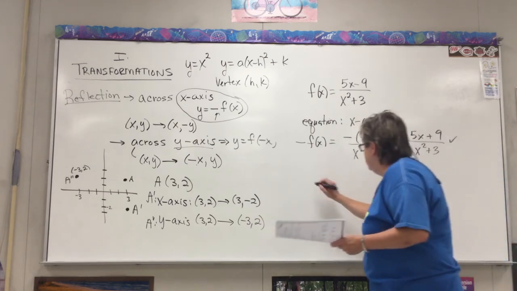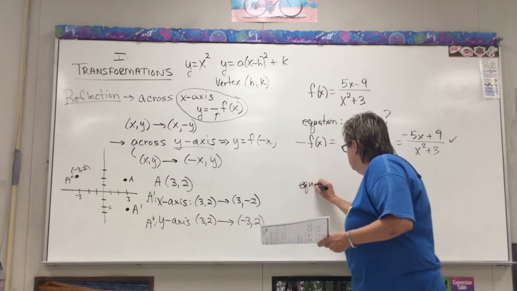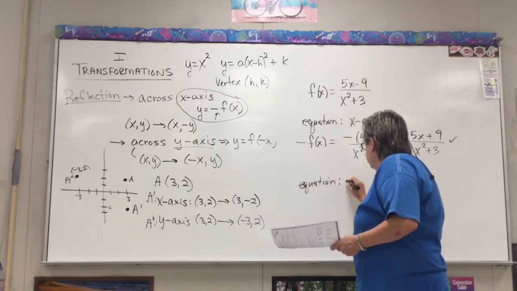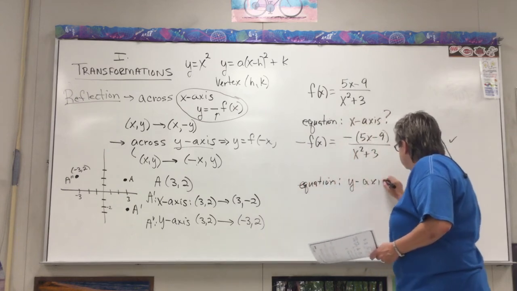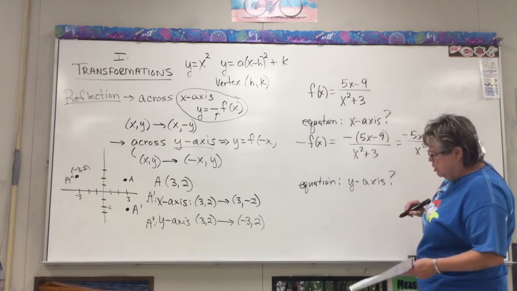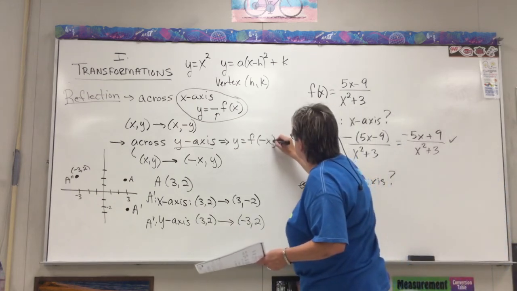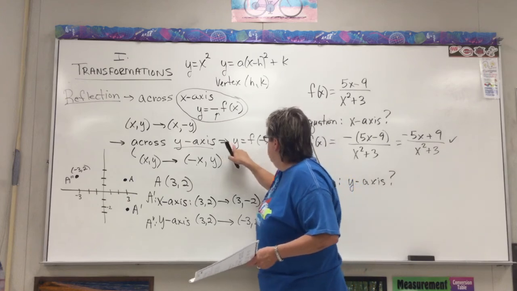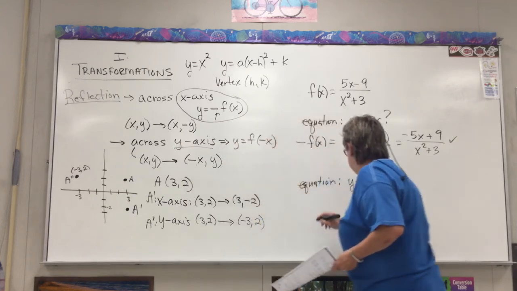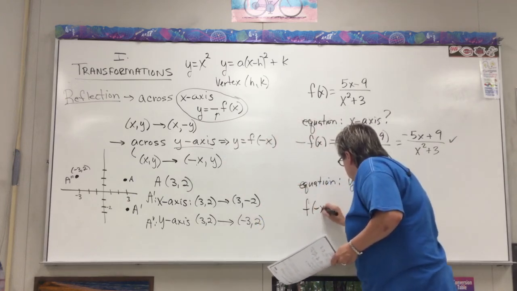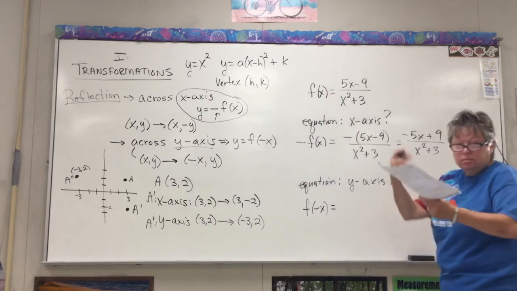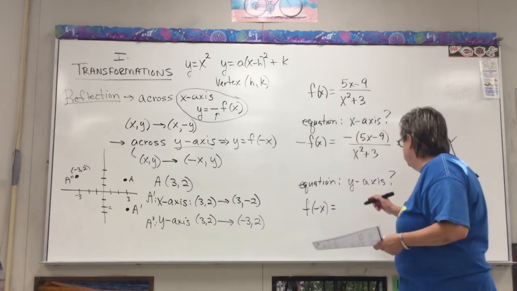Okay, if I ask you a similar question, the equation to reflect across the y-axis, what would be the equation for across the y-axis? So y-axis is f of negative x. In this case, we have to actually substitute in negative x to see what we get.